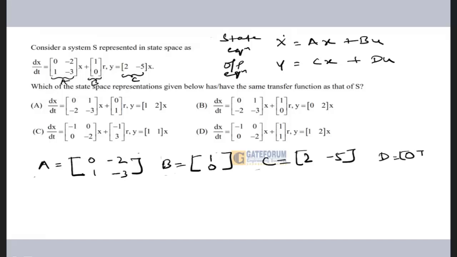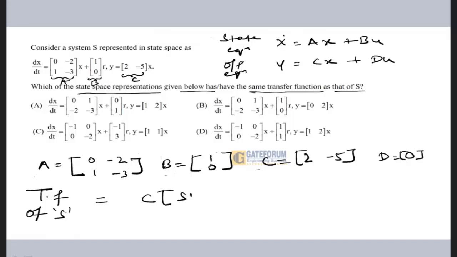Okay, so here they're asking which of the state space representations given below have the same transfer function as that of S. So first find out the transfer function of S. How will you write it? C into (sI minus A) inverse B plus D, and D is 0.